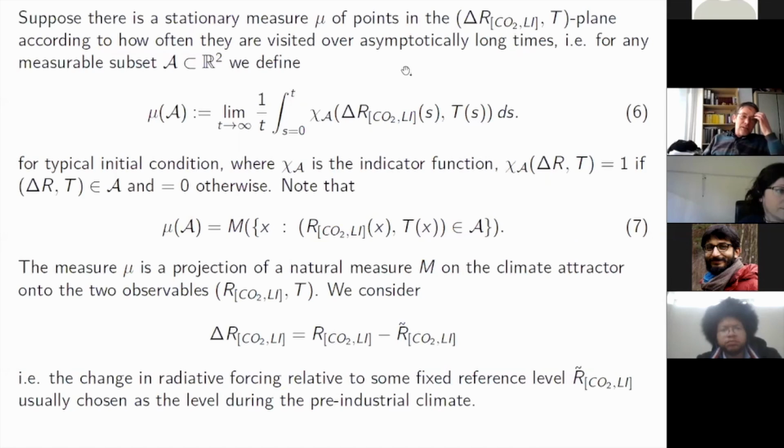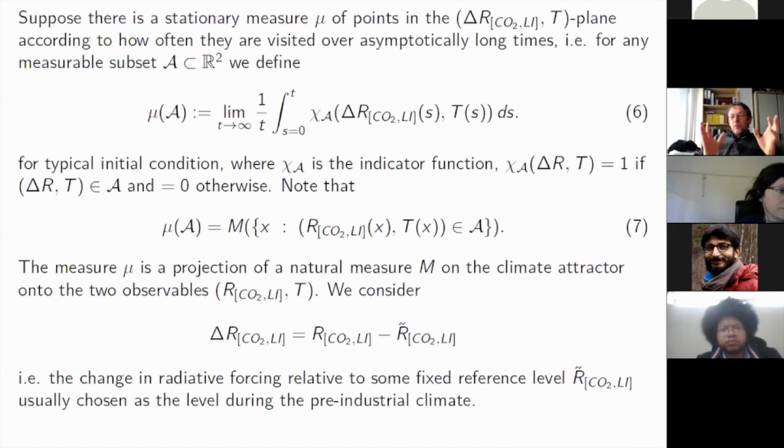So the basic idea that we are doing here is to consider we have a high dimensional system, looking at two particular observables. We have the radiative forcing, particularly the radiative forcing due to change in CO2, and we have the global mean surface temperature.